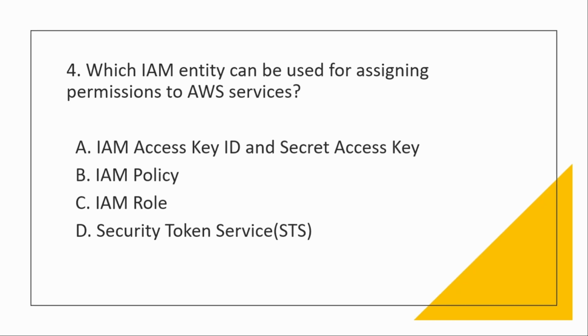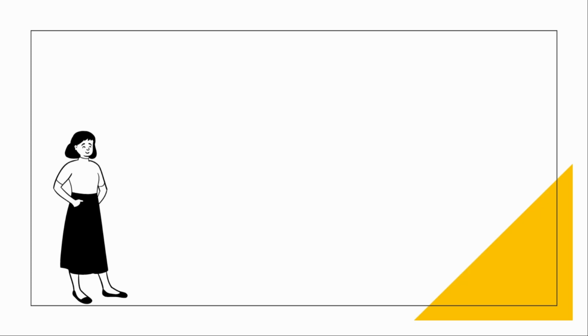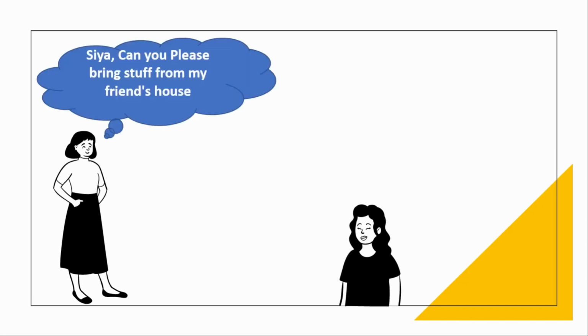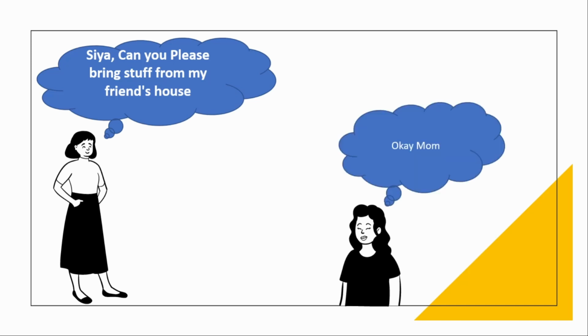I'll give a very general life example so that you understand in detail. Suppose it's a story of a mom, her daughter and her mom's friend. The mom says, Sia, can you please bring some stuff from my friend's house? She says, okay, mom.